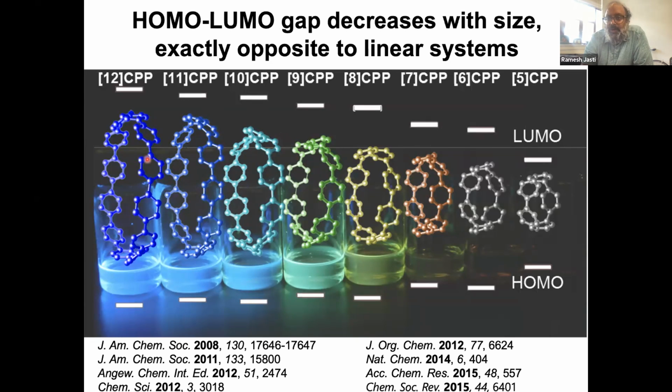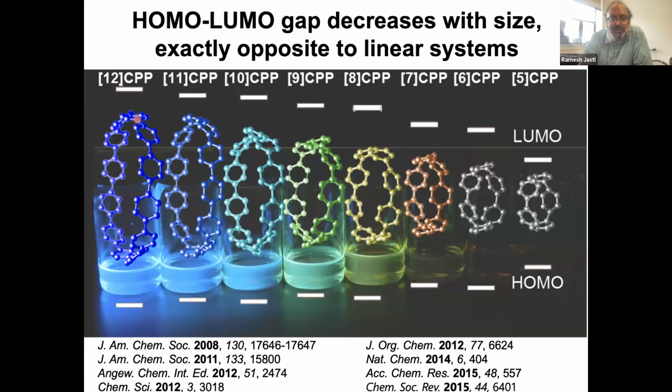Okay, I think the first thing that became really apparent when we made these is that they had this weird property that they were redshifting in their emission as they got smaller. Okay, I mean, this is exactly opposite of what you would normally think. You usually think that if you add more pi conjugation, you're going to redshift the emission properties.